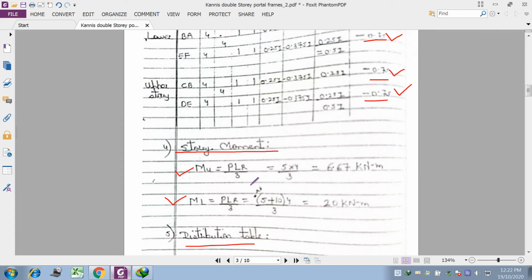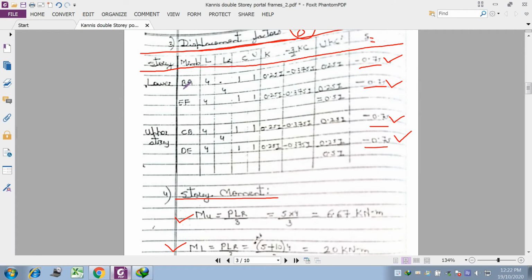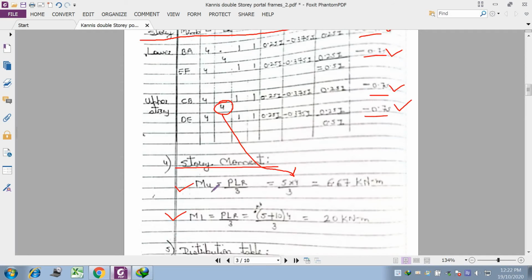LR is this upper part, 4 meter. Then 5 into 4 by 3 is equal to 6.67 kilonewton meter moment at the top.